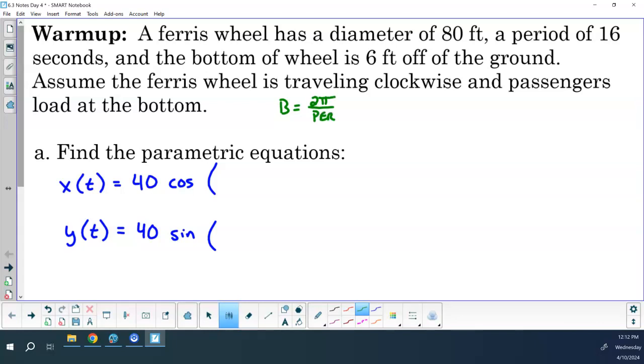What's the period here? 2 pi divided by 16 is pi over 8. Then I need to have a t. Where are we loading? Loading at the bottom. Okay.